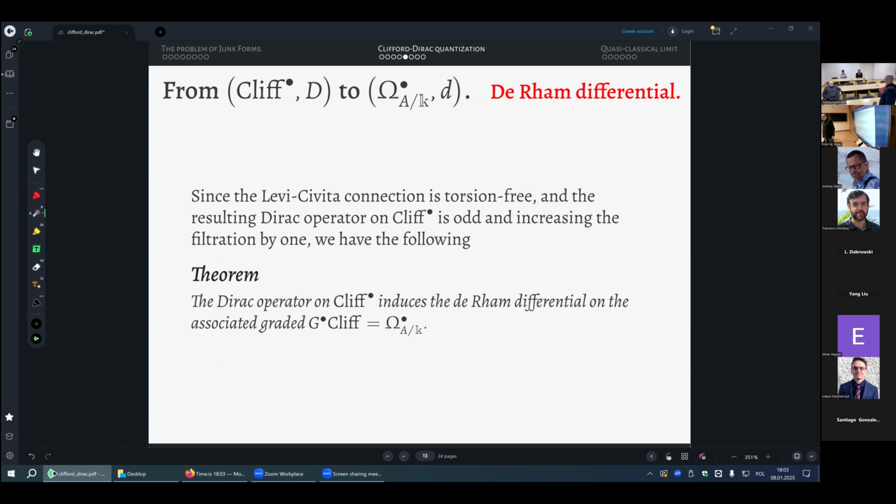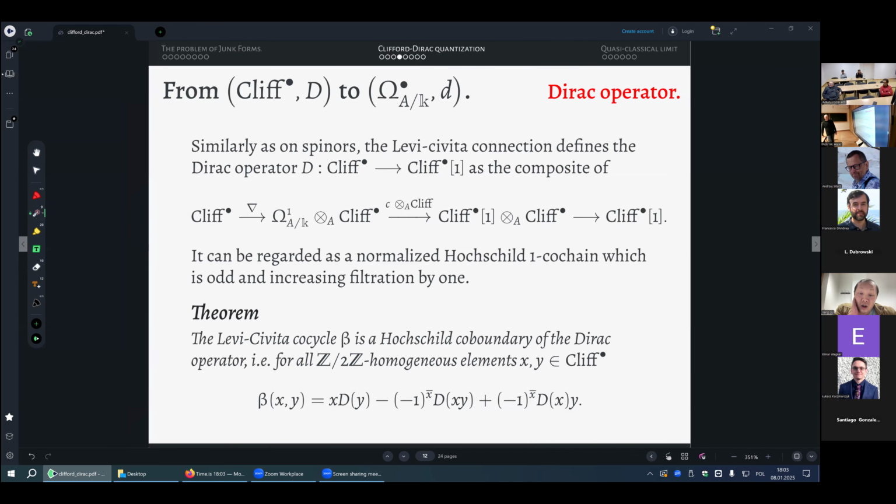So now, what about the de Rham differential? There is also a property of this graded associative operation. Thomas, can you go back to the previous slide? Here we know that the Levi-Civita is something unique. In the Dirac you still use Levi-Civita.